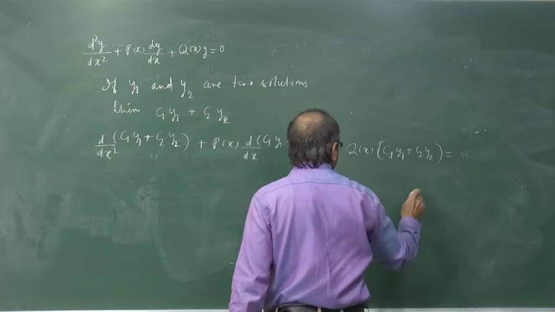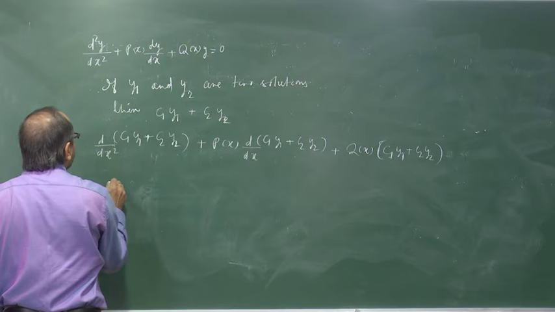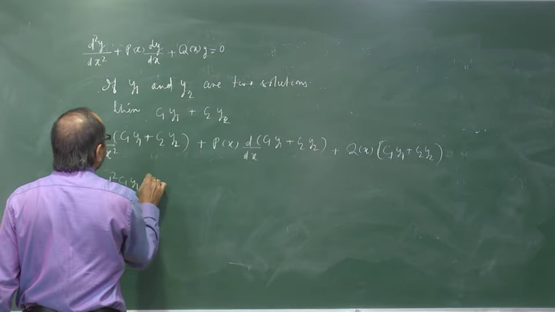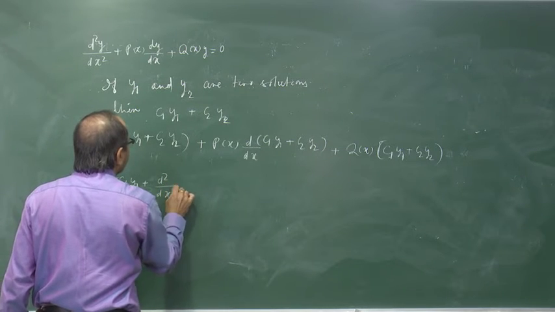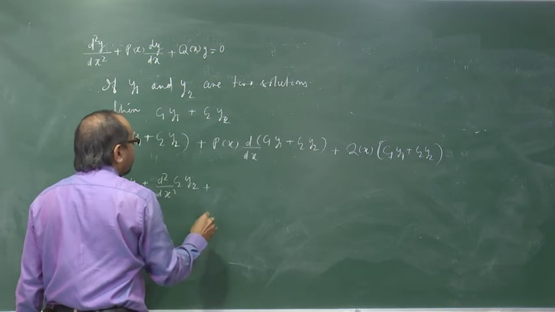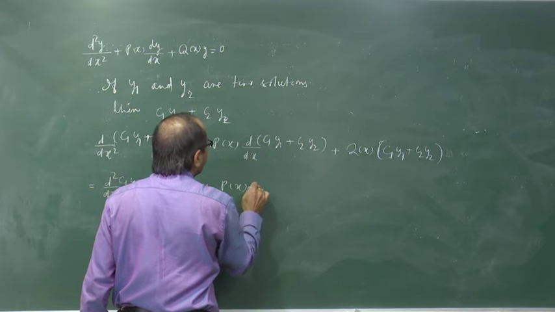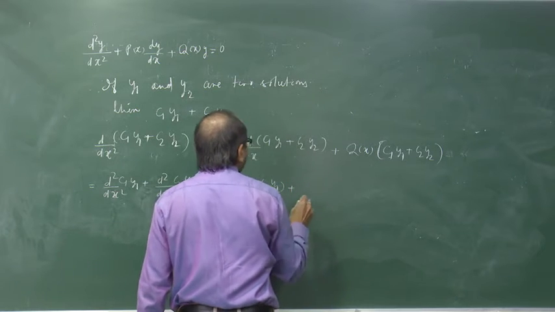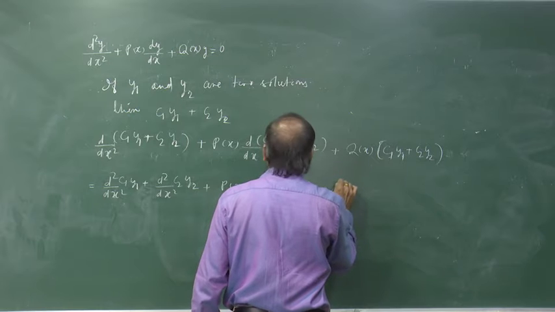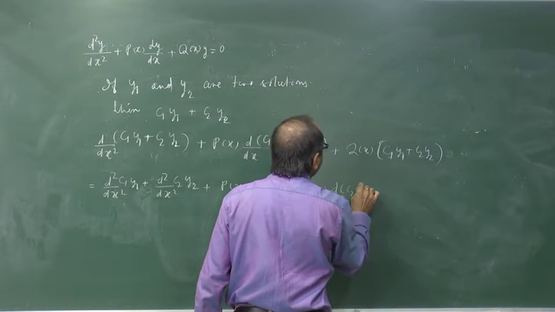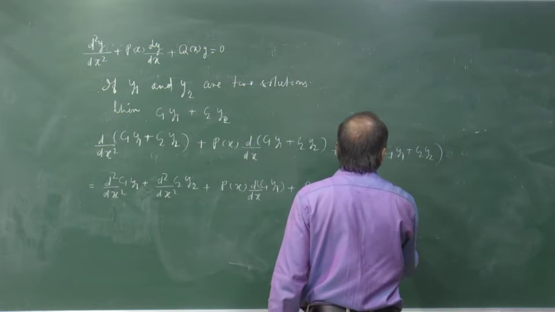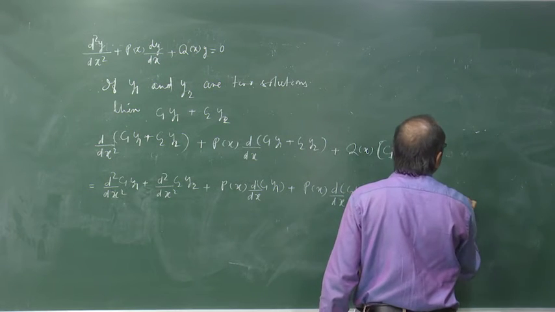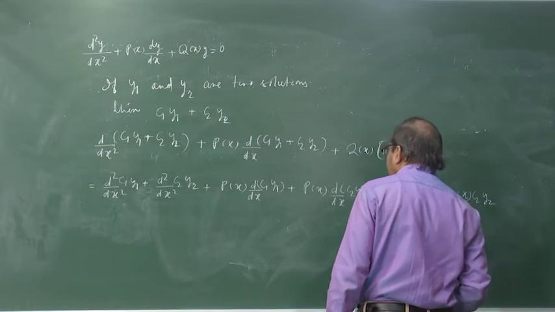This equals d square by dx square C1 y1 plus d square by dx square C2 y2, plus p of x into d by dx of C1 y1 plus p of x into d by dx of C2 y2, plus q of x into C1 y1 plus q of x into C2 y2.